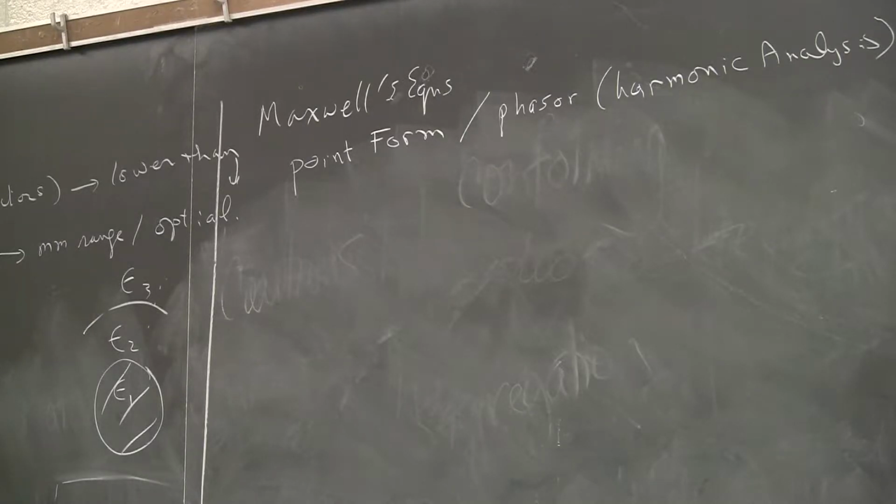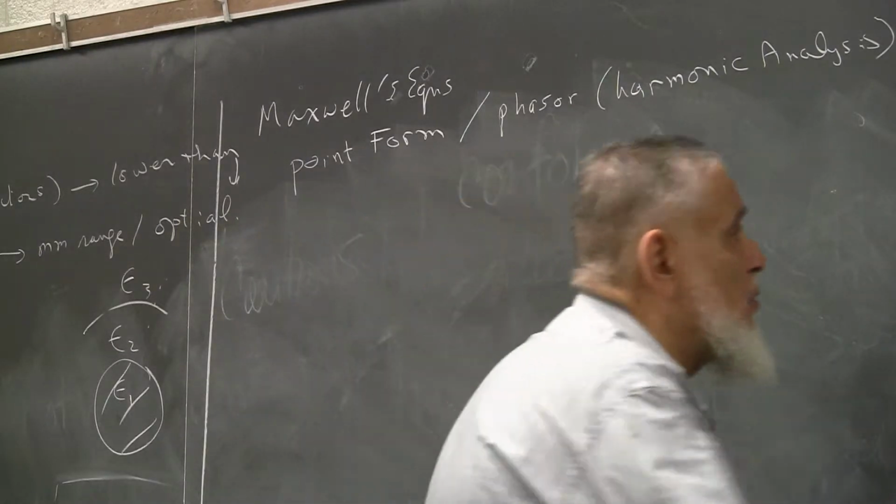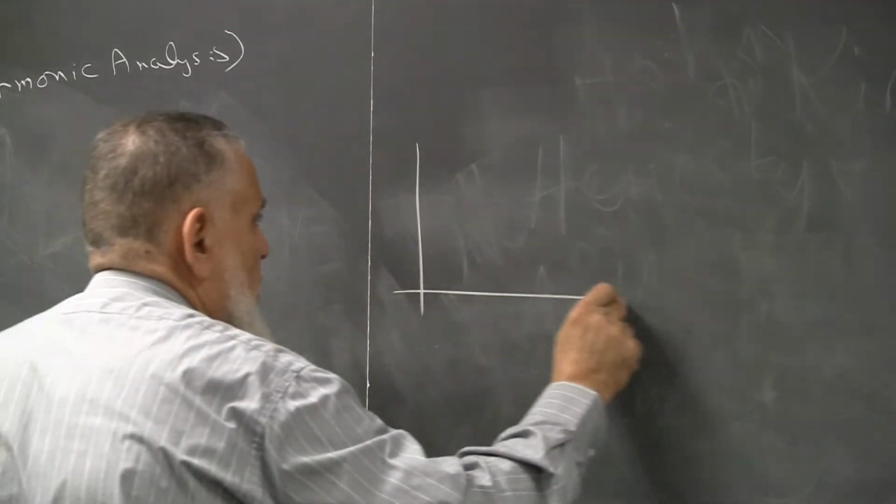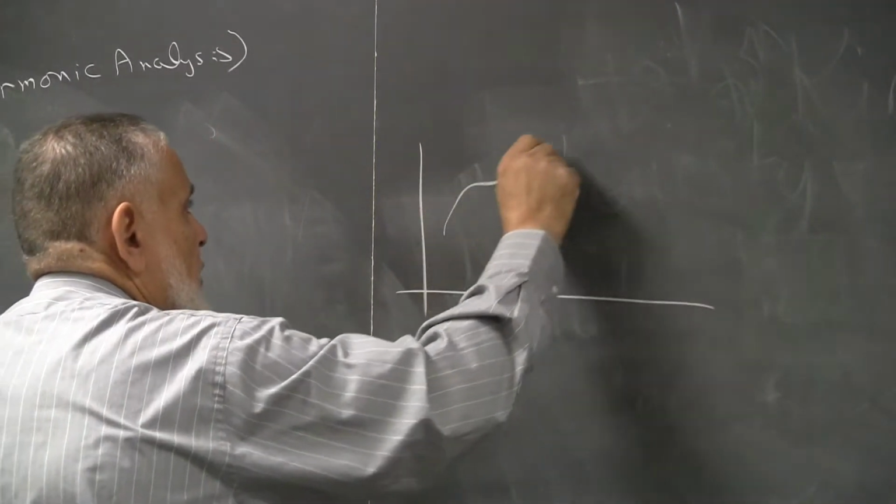I just want to go to the side for a second here to explain the point form versus the integral form, because sometimes we have a misconception about that. Suppose I want to give you a function.